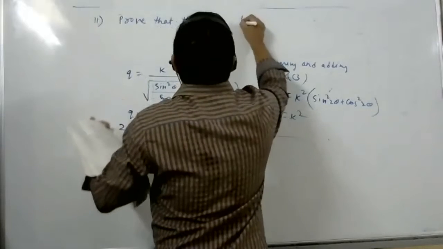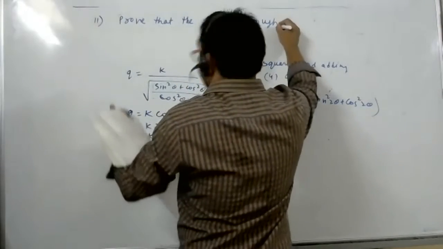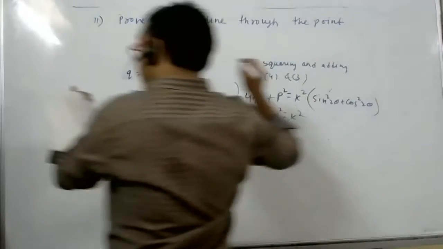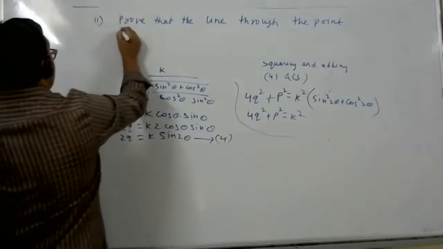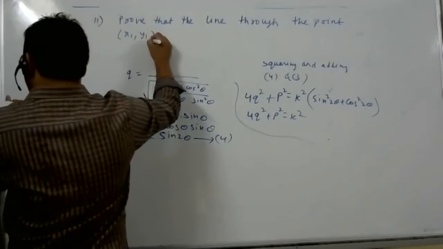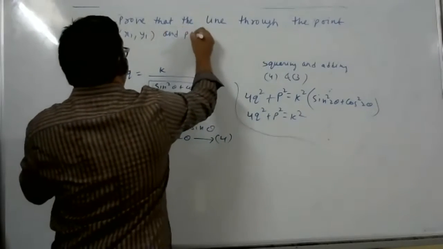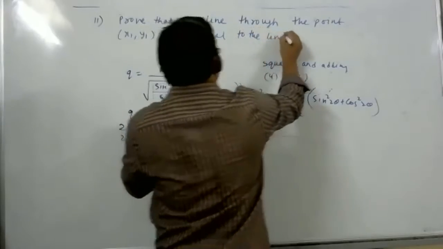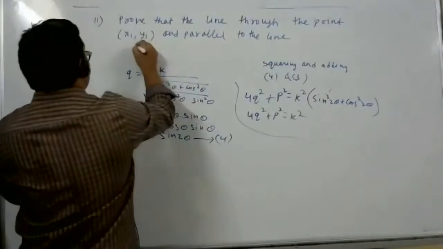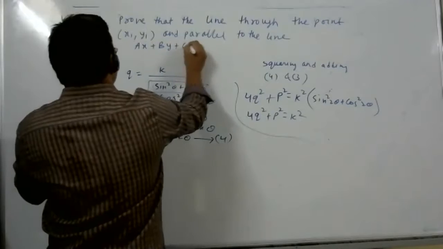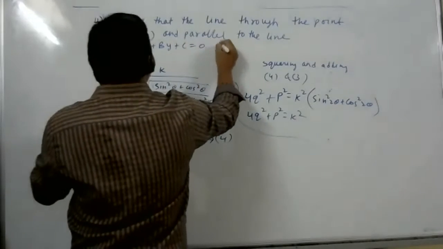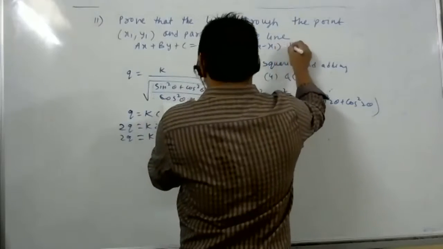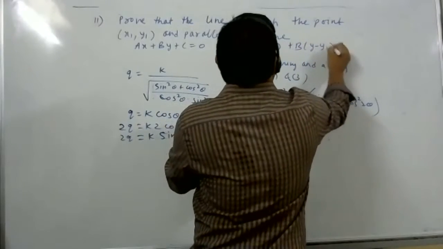Prove that the line through the point x1 comma y1 and parallel to the line ax plus by plus c is equal to 0 is a(x minus x1) plus b(y minus y1) is equal to 0.